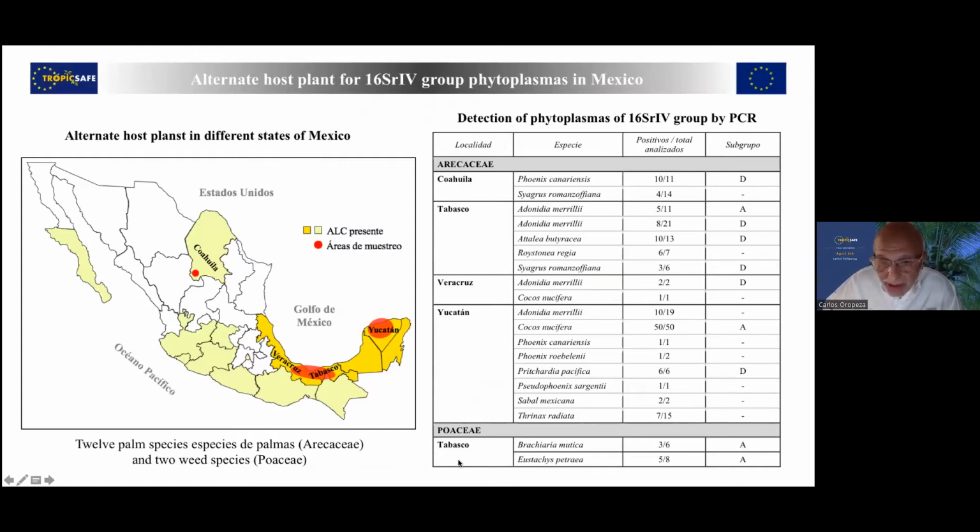And this is the list of the different species that were found and the number of positives that were obtained. And as you can see, the subgroups found are basically the ones shown here, D and A.